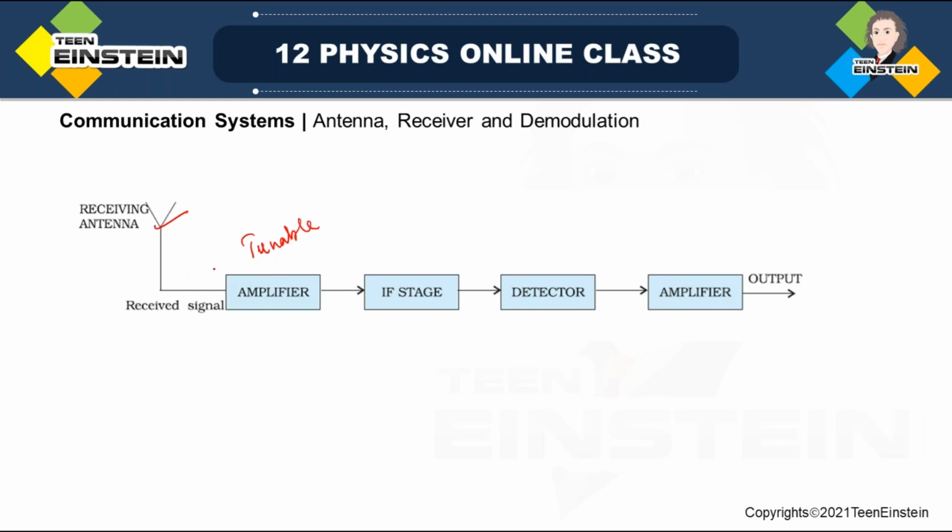After sorting out the message signal from the unwanted signals, the tunable amplifier amplifies the message signal. Finally, it is fed to the modulator or detector, which recovers the original signal from the modulated wave.